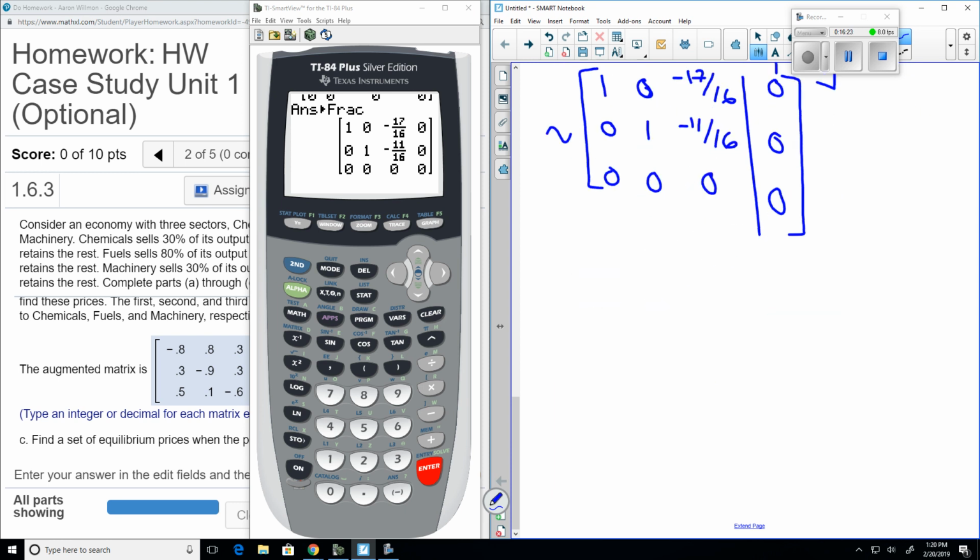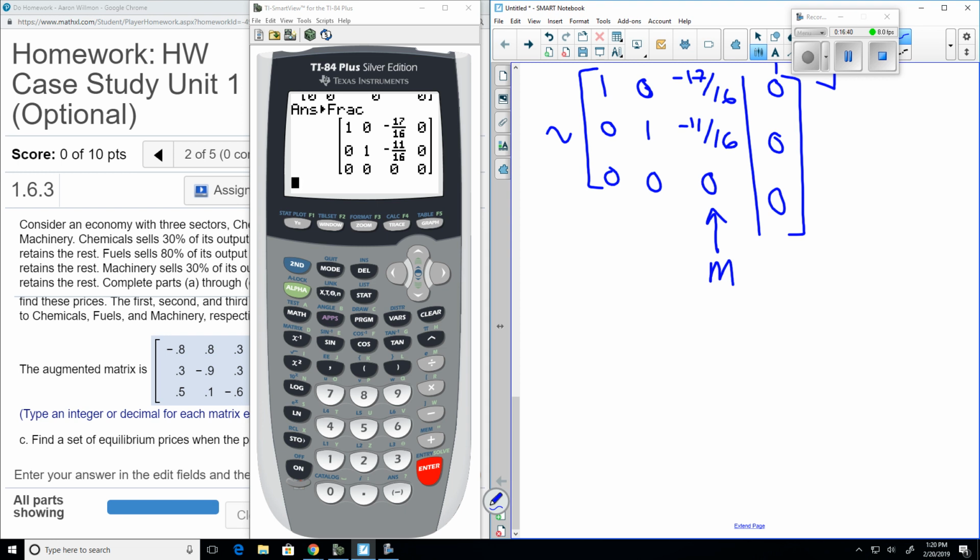Okay, so how many solutions are there? Infinitely many, because I have a free variable. I don't know what happened to my matrix. It got wonky there. So the free variable is machinery, right?